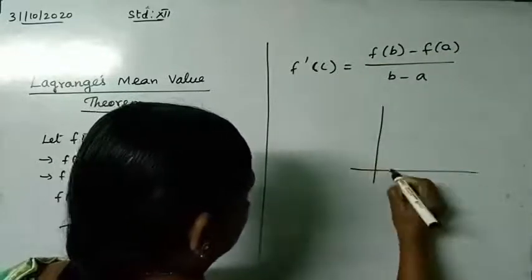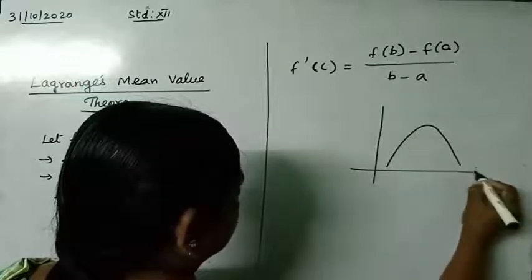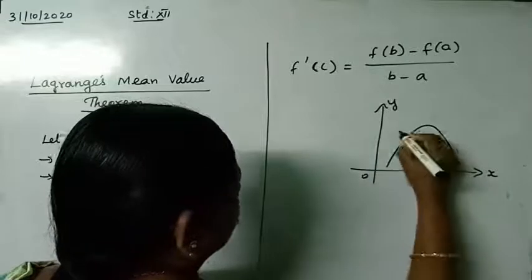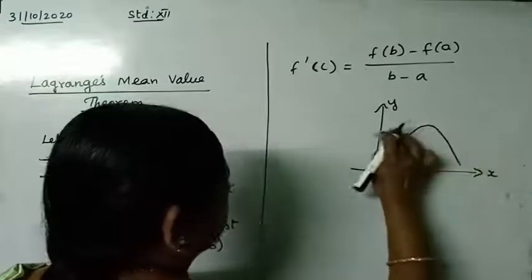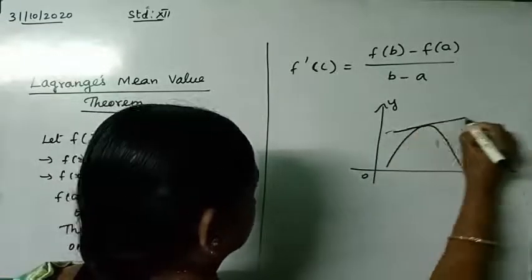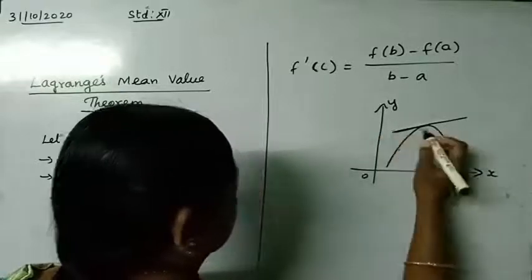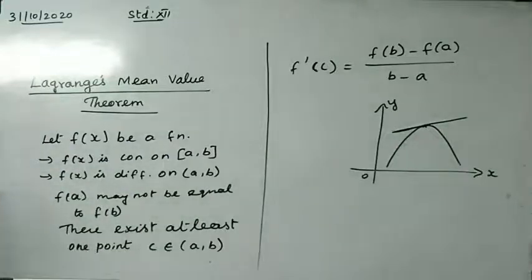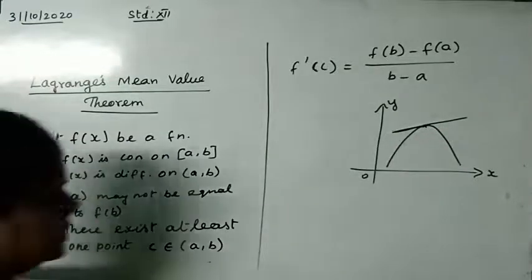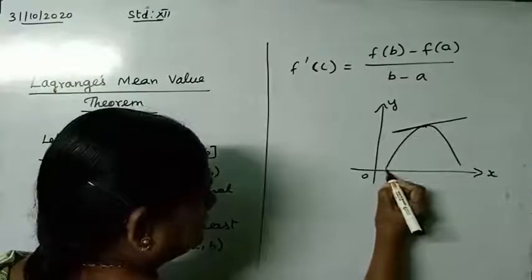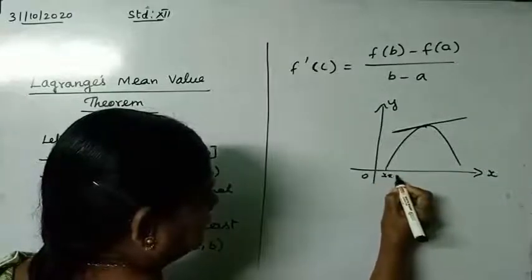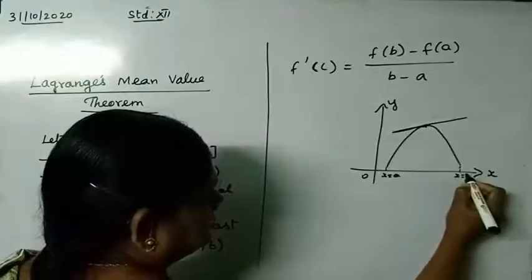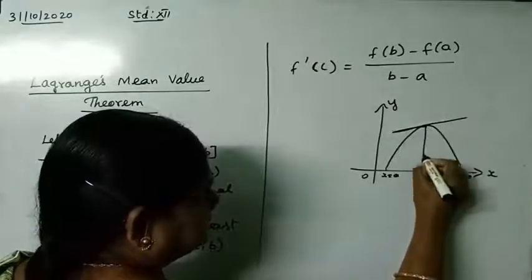That is, if we take a curve like this, and if it is a tangent, then it makes a slope at the point. Here is the point x is equal to a, and here is the point x is equal to b, and there exists another point.